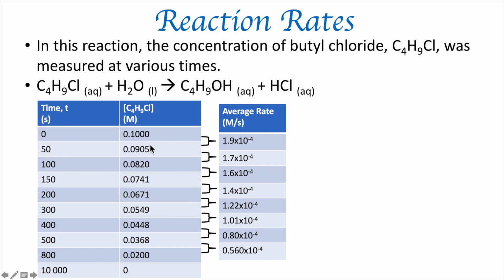Between these two increments of time, the rate of change was 1.9 times 10 to the negative fourth molar per second, or molarity per second. So every 1 second, the concentration was changing by 1.9 times 10 to the negative fourth molarity.